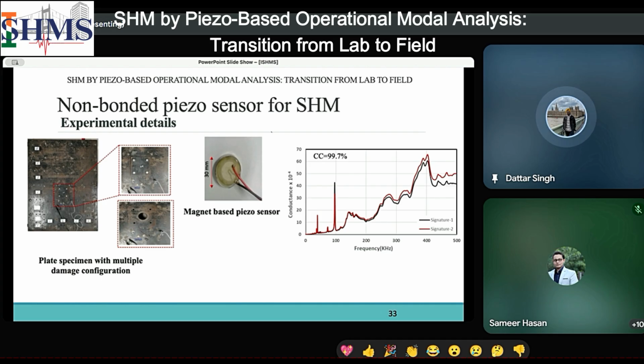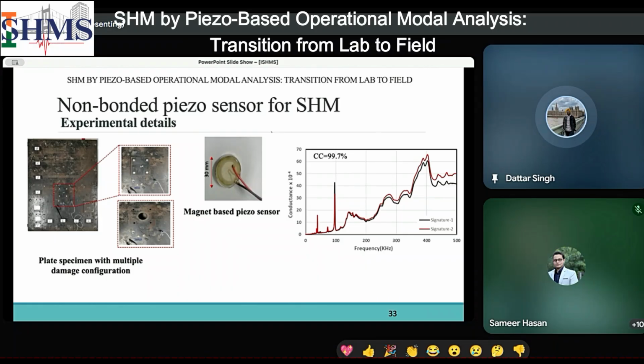And specifically for global monitoring, to obtain a good mode shape, the mesh of sensors needs to be fine. So the more sensors, the better the resolution of the mode shapes, and the more effective are the modal parameters for damage monitoring.